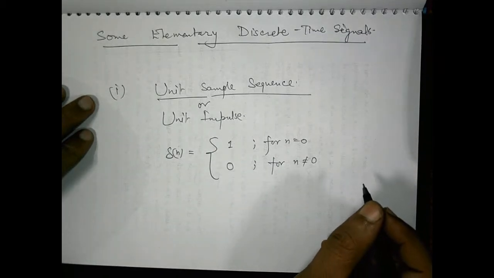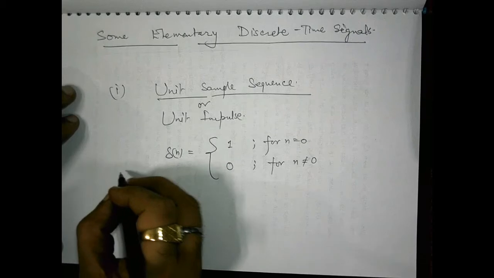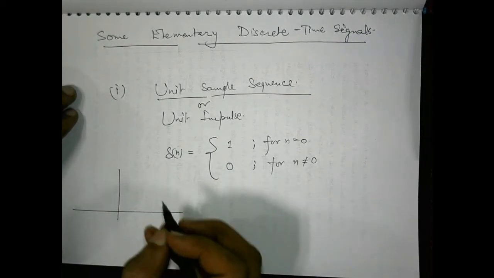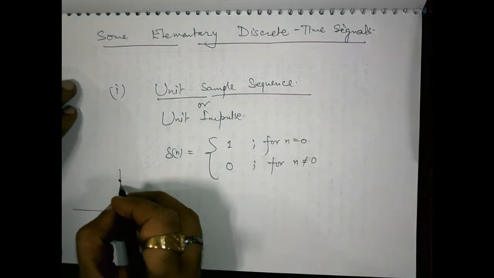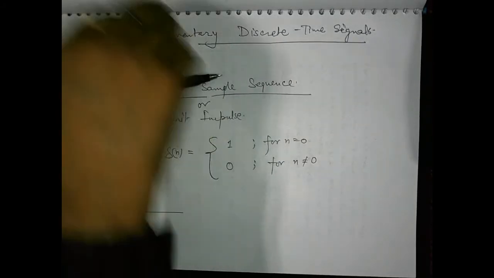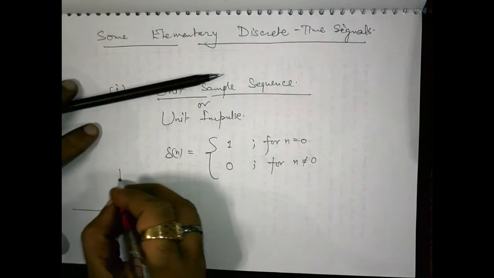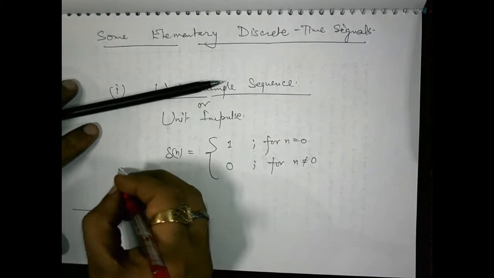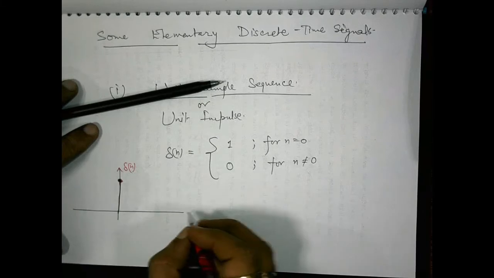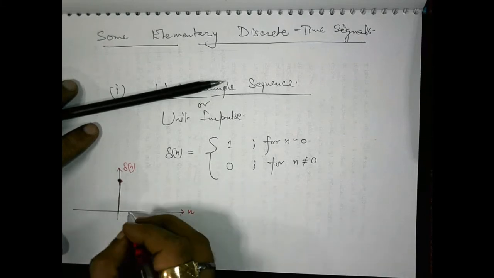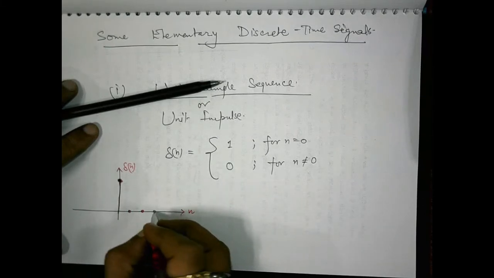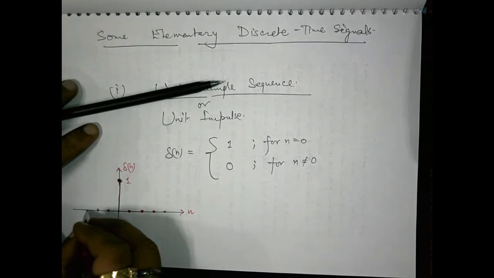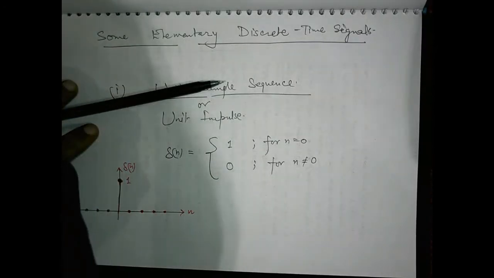So if you represent it graphically, naturally this signal is shown something like this. If you see it in a different color, this is delta n and this is n. So this has strength unity at n equal to 0. At any other n, it has strength 0.